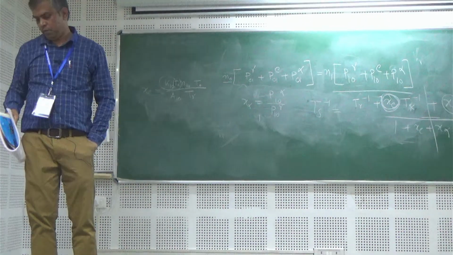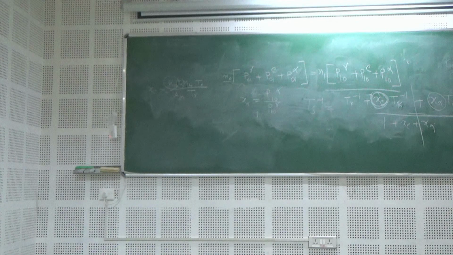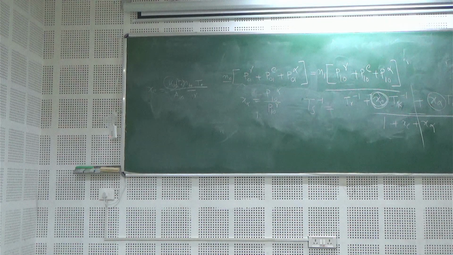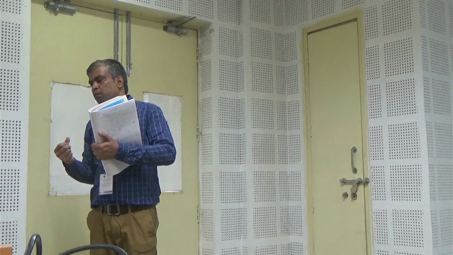Sir, will the collision coefficient ever depend on ionized hydrogen? So it depends, this kappa 10 has contributions from hydrogen-hydrogen collision, hydrogen-electron collision, and hydrogen-proton collision. Ionized hydrogen means protons. Yes, it will also contribute, but mostly the dominant collision is hydrogen-hydrogen collision because the universe is mostly neutral, so you have a larger number of neutral hydrogen atoms compared to protons. So hydrogen collision dominates in this process, but of course the hydrogen-proton collision will also contribute.